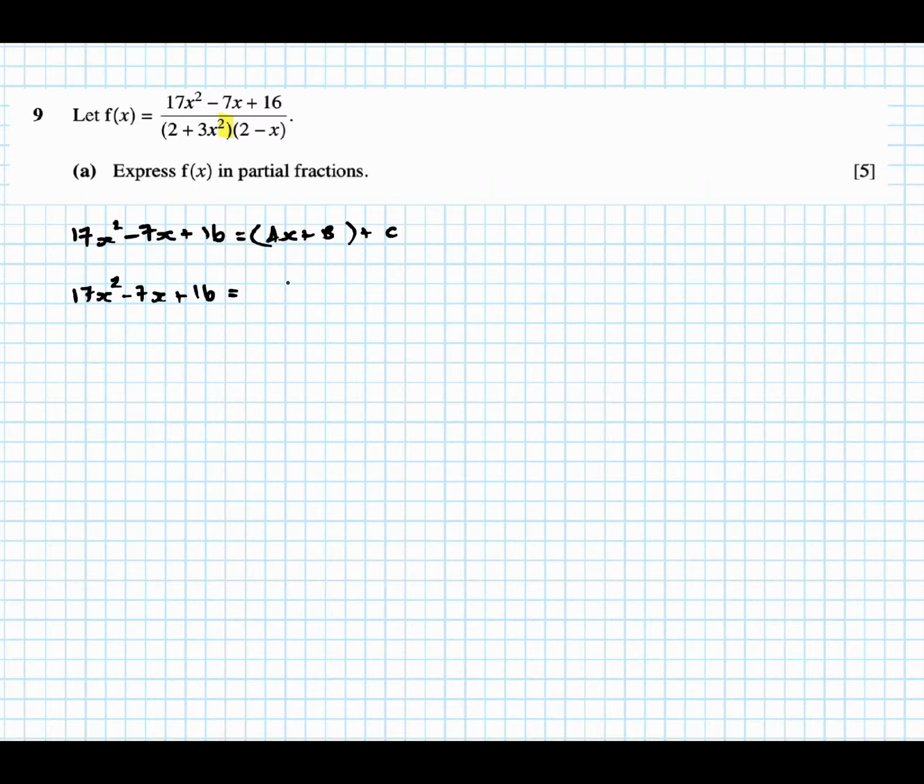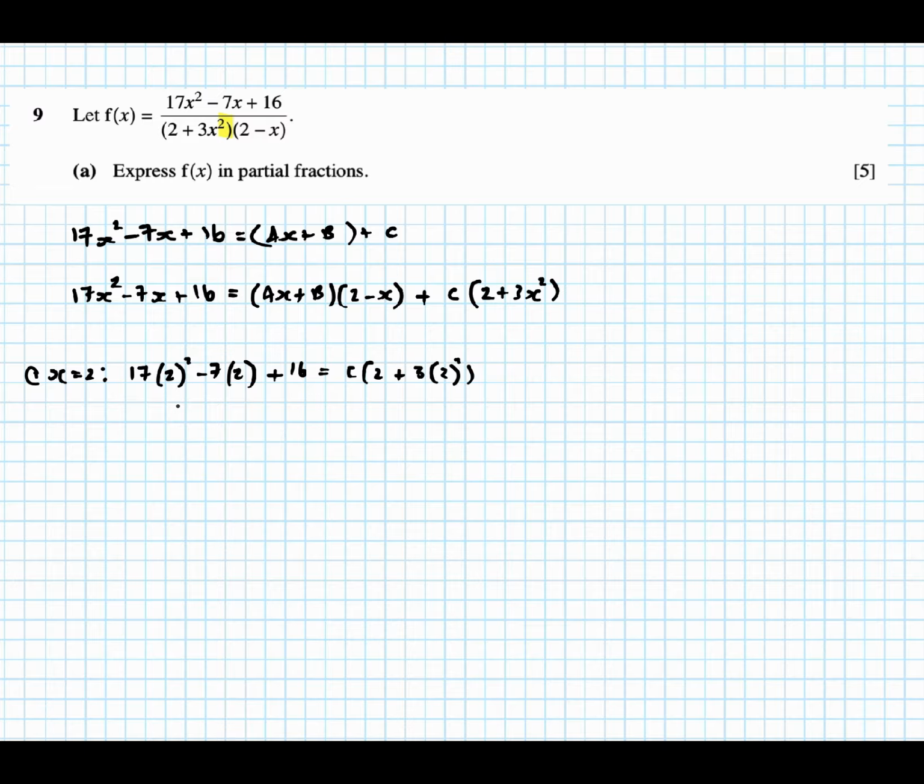It could be A plus Bx plus C, so the Bx plus C is in brackets if that power was in the second brackets, we say. Having done that out, we multiply by our denominators just to play it out. So x is equal to 2, we have that. That's really the only thing we can use with this particular type of question, with partial fractions with the square inside.